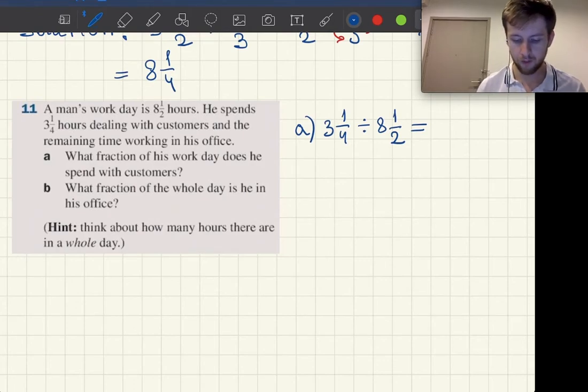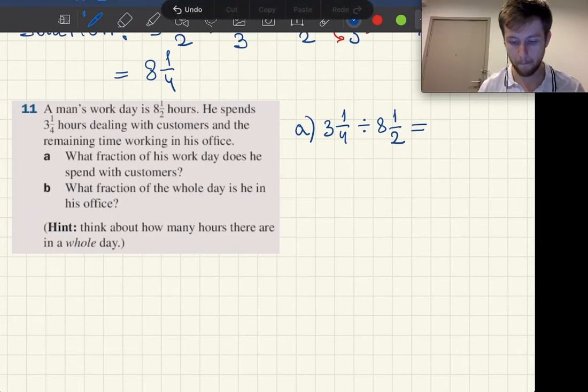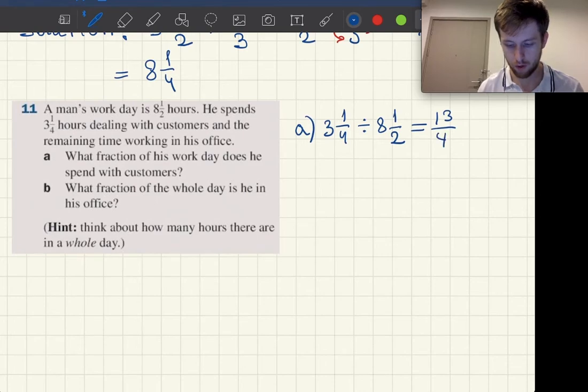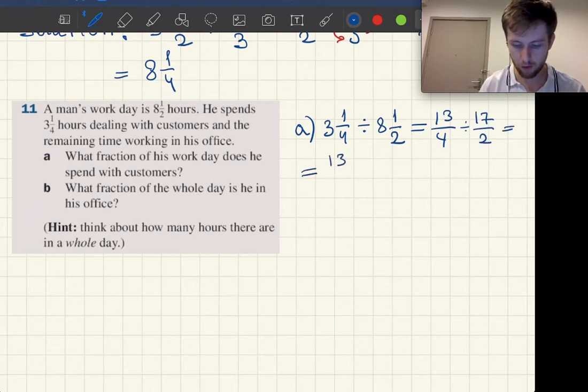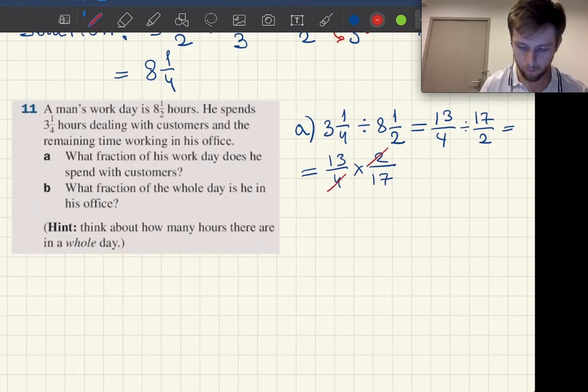So we do this division, right? We need to convert them. It's going to be 13/4 divided by 17/2. Again, we flip it. We get 13/4 times 2/17. And we cut it like this.